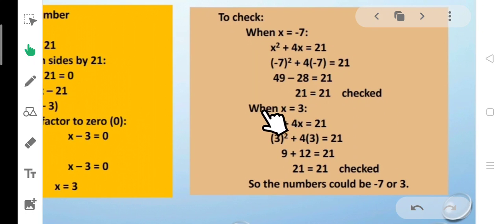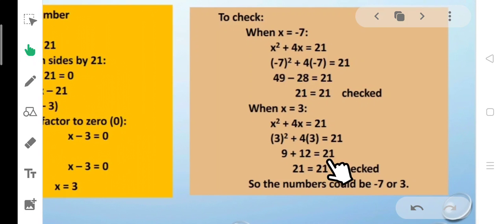Now let's check whether the number could be 3. Let us substitute 3 to x in the equation x squared plus 4x is equal to 21. So we have 3 squared plus 4 times 3 equals 21. 3 squared meaning 3 times 3, that is 9. 4 times 3 is positive 12.